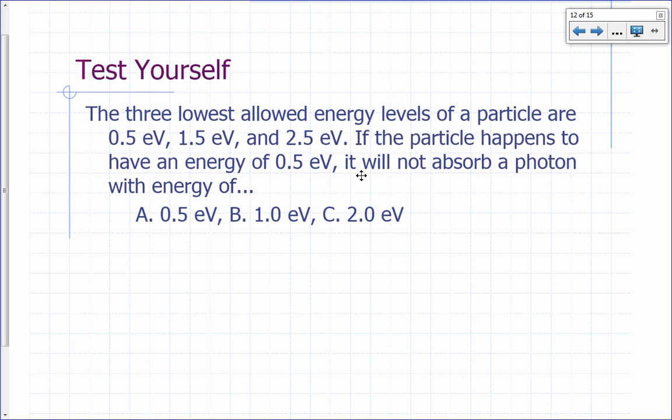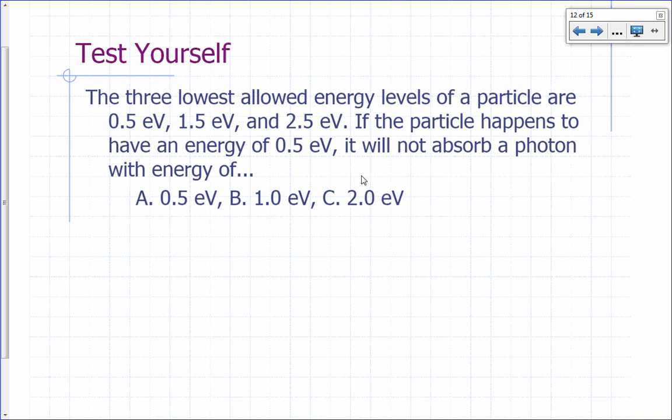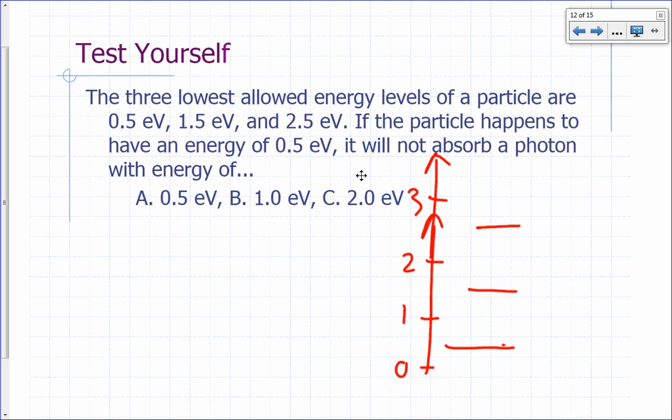And then this one, what's the answer to this one? This is an easy one. Three lowest allowed levels are 0.5, 1.5, and 2.5. So 0.5. So that's 1. 1.5 is allowed. And 2.5 is allowed. The three lowest levels allowed.